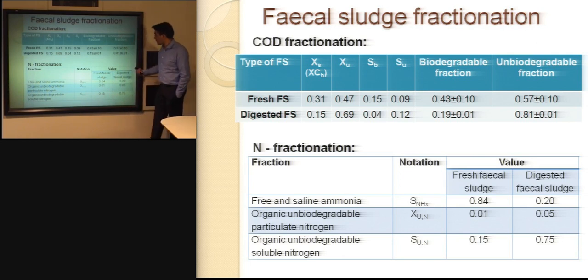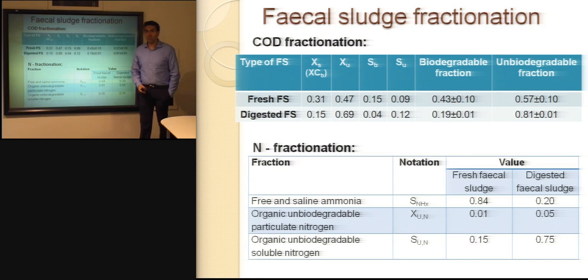When we look at the digested sludge, because most of the sludge has already been exposed to certain digestion, either in septic tanks or in any other fecal sludge collecting system, we will see that the ratio has changed, interestingly, with free and saline ammonia now about 0.20 or 20% of the total nitrogen, 5% the organic unbiodegradable particulate, and about 75% the unbiodegradable soluble nitrogen.